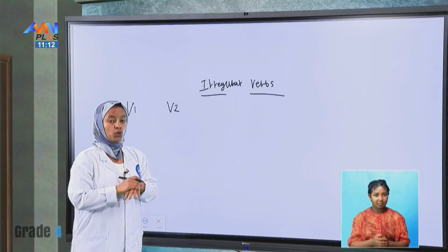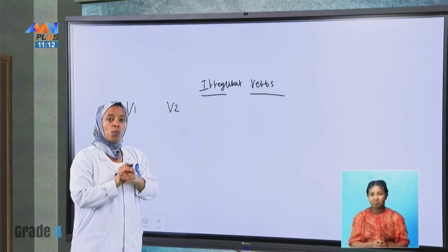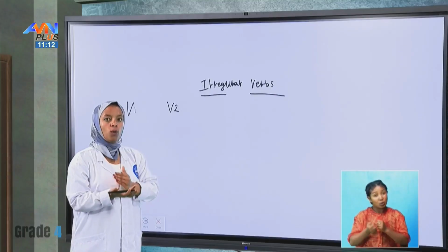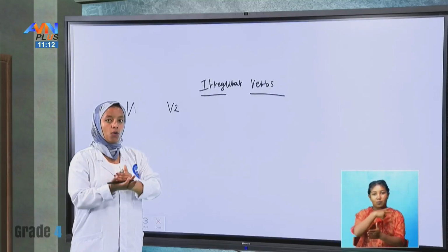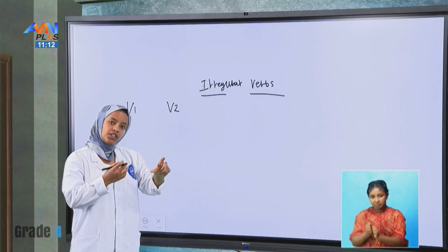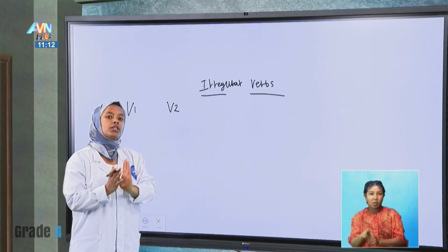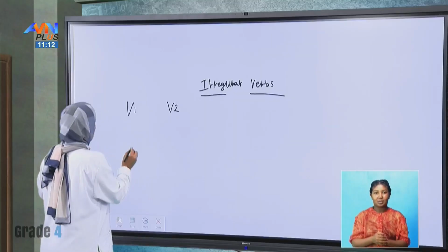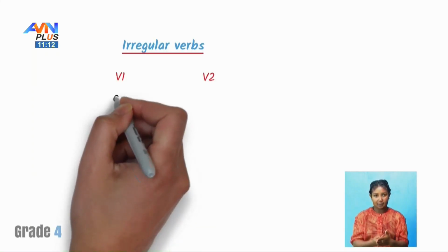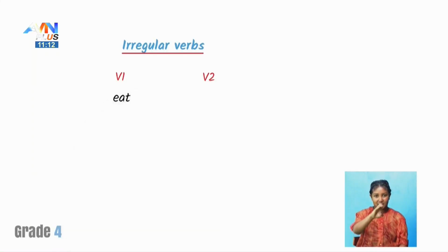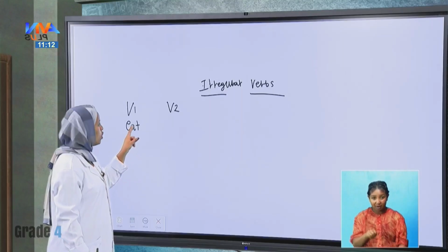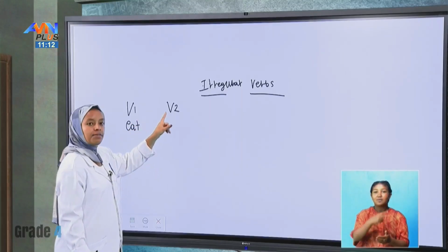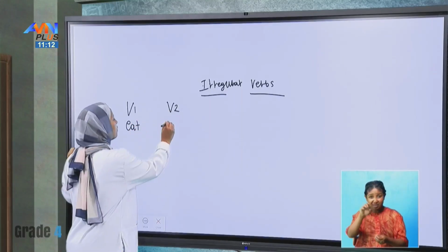Maybe we change the whole verb or some letters, and maybe we are not changing it at all. Let me show you. Let me give you one example from here. Eat. This is eat. So let us change it to verb 2. Here is ate.